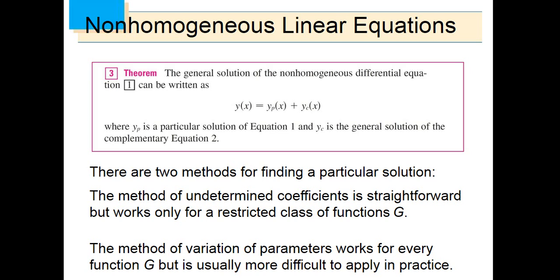However, the g of x on the right side is very limited or restricted if we use this particular method. It can only come in the form of a constant, an exponential function, a sine or a cosine function, a polynomial, or a combination or product of these. If your g of x contains other transcendental functions, or say a square root function, then the method of undetermined coefficients will not work.